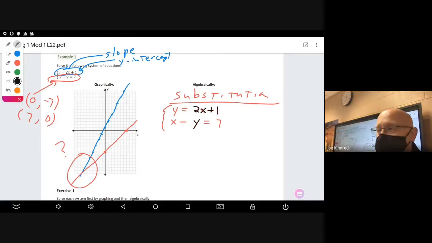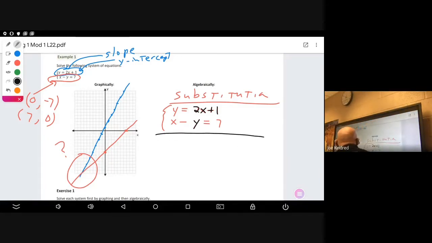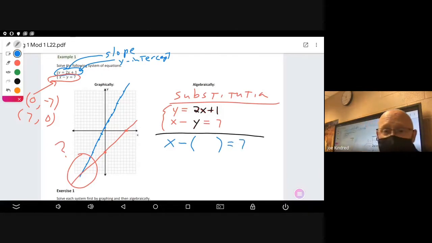I'm going to substitute that into the y in this next part, and this is how it looks. So in blue, here's the solution. X minus parentheses. Every time I see a y, I'm going to put parentheses when I do this so I don't mess up. And then I'm going to put the 2x plus 1. I substitute in for y, hence the name substitution.